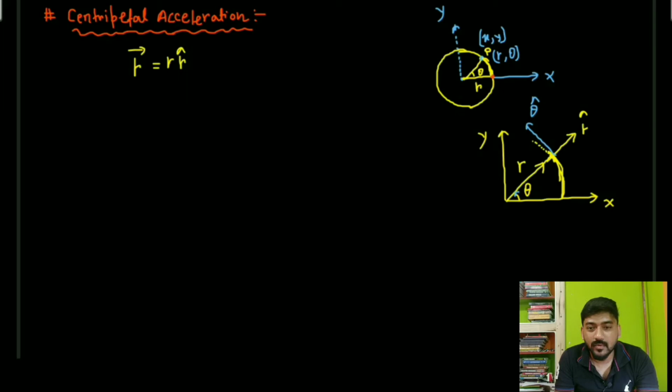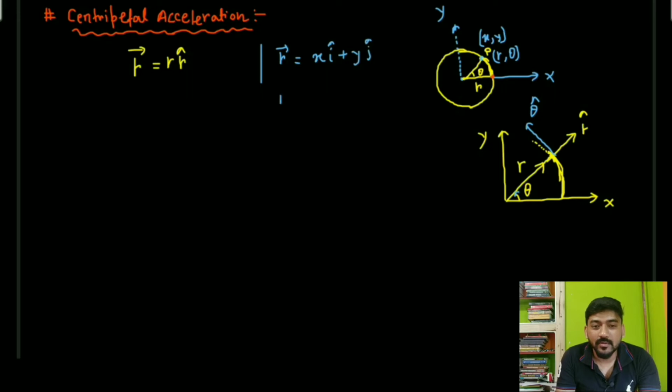So what we have to do is define this r cap and theta cap. What is r cap and what is theta cap? The r vector is nothing but x i plus y j.